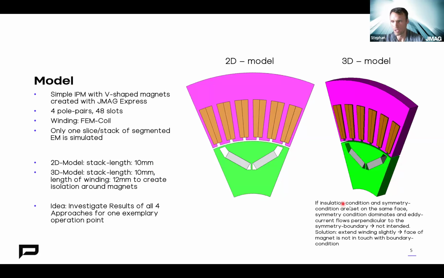So this model consists only of one segmented magnet in axial direction, and therefore we want to evaluate the eddy current loss. And the idea of the investigation is, in the end, to use these models and investigate the results of all the 4 approaches we have seen on the slide before.